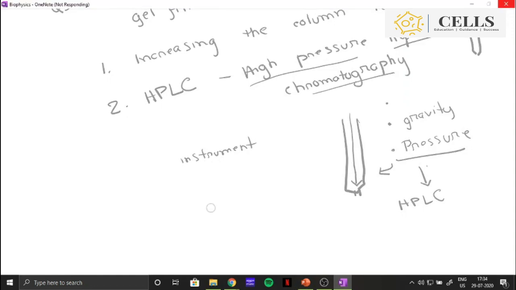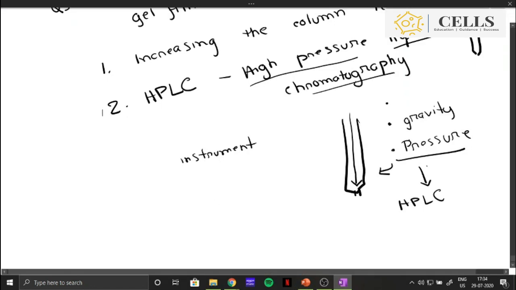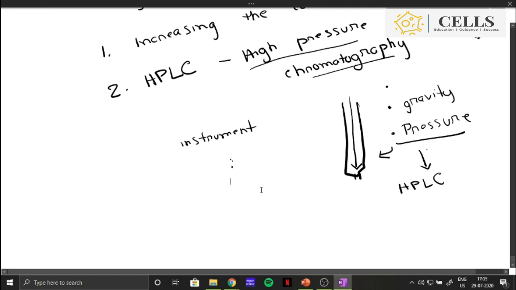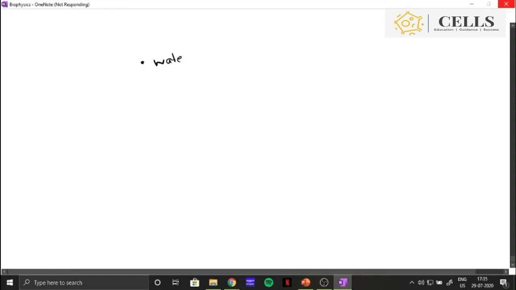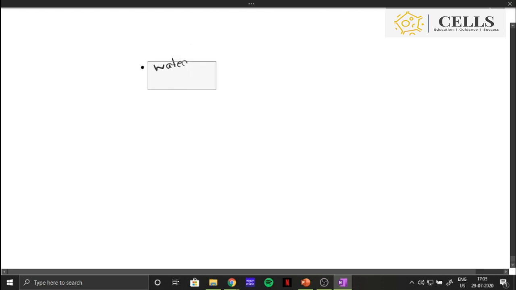Okay, sure. So, selecting the buffer. The first component of the buffer is water. Okay, criteria for buffer selection.